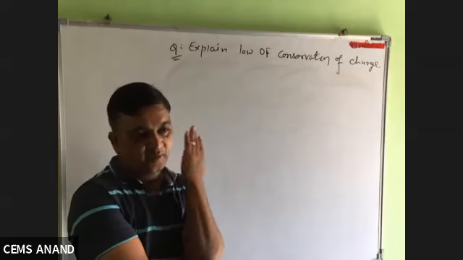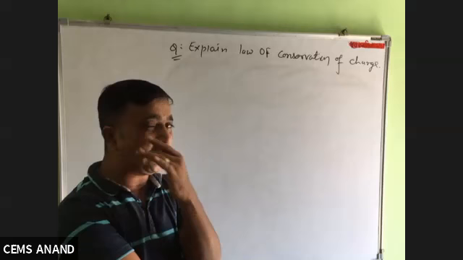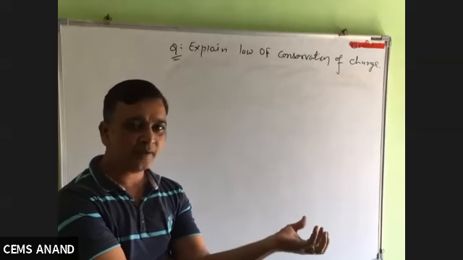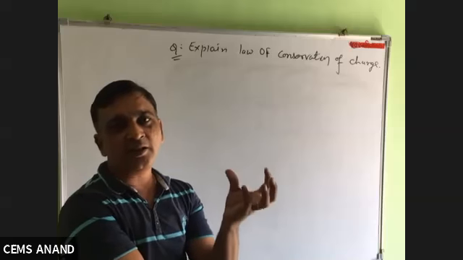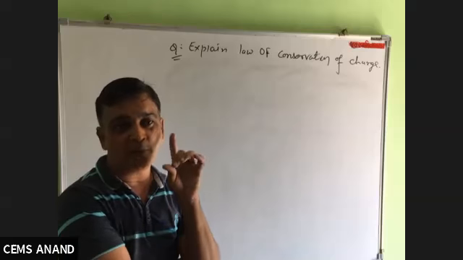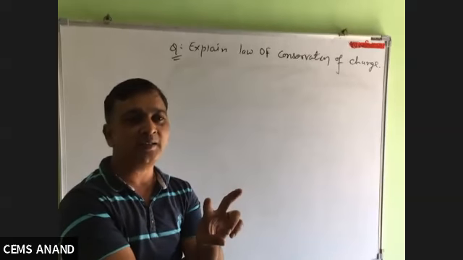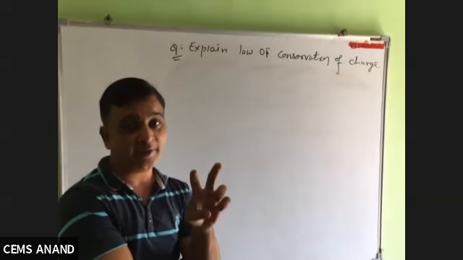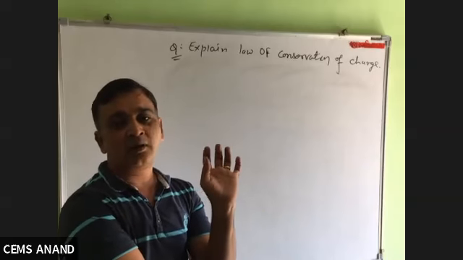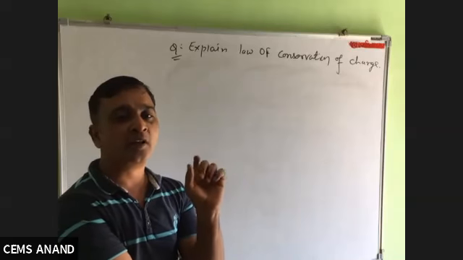See, previously I told you that when charge occurs from its origin, it is in couple. What does it mean by in couple? A positive and a negative charge bond, that is generated or destroyed, that is in couple.